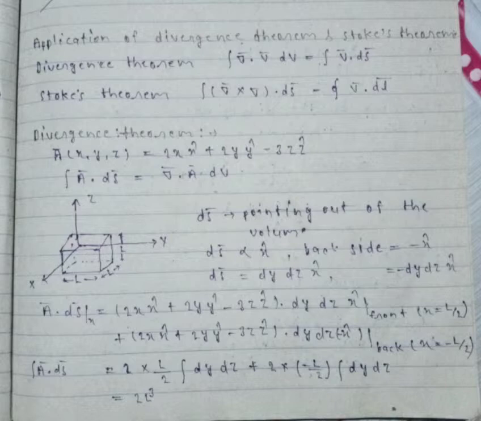Now let us apply the divergence theorem to this. So, what we want to show is that the surface integral of A dot ds is going to be the volume integral of the divergence of A. For convenience, I am going to choose a box of size 1 which is centered at the origin.